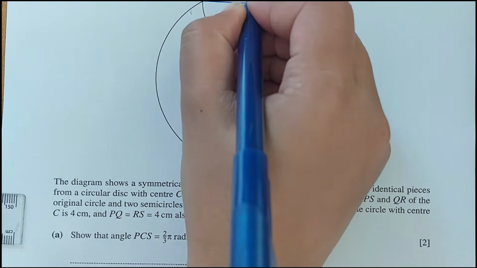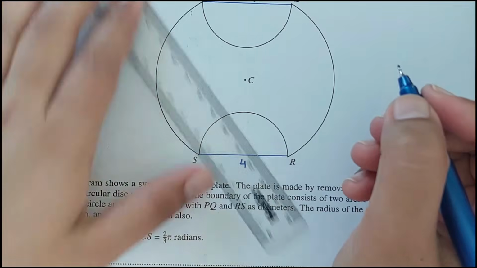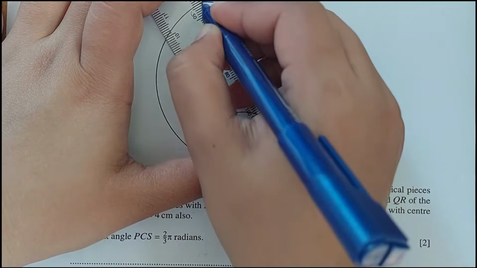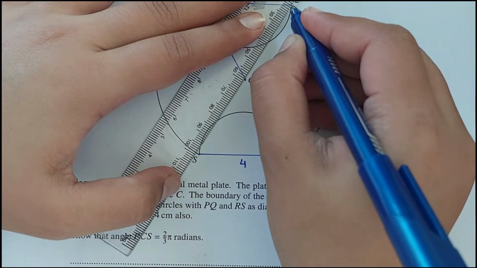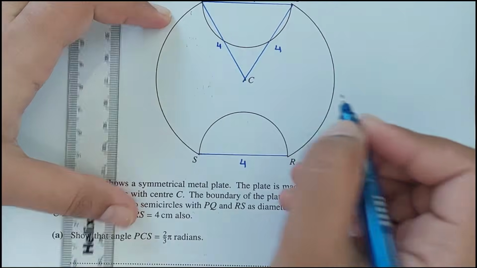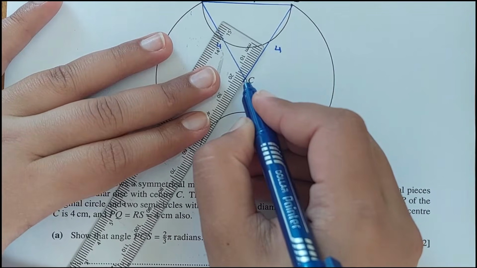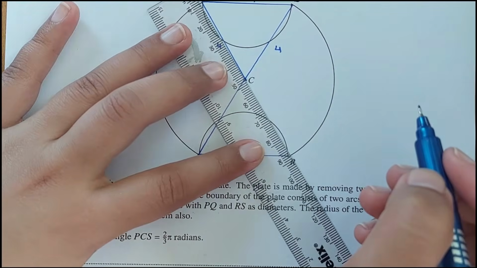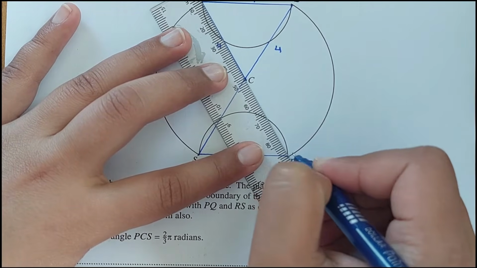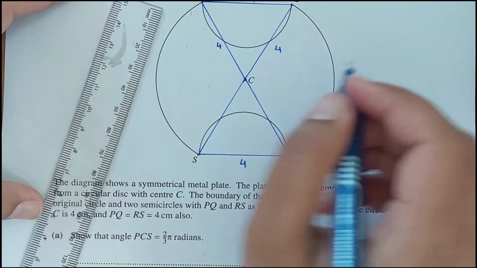This side is 4, this side is 4, and if we connect, this is 4, this is also 4 and 4, right? CS is 4, CR is 4, because the radius is given.